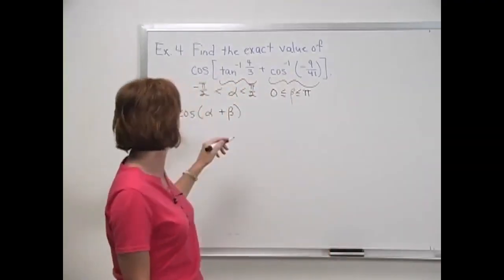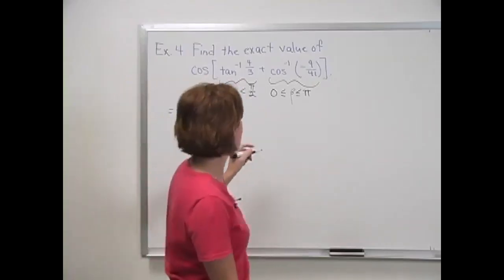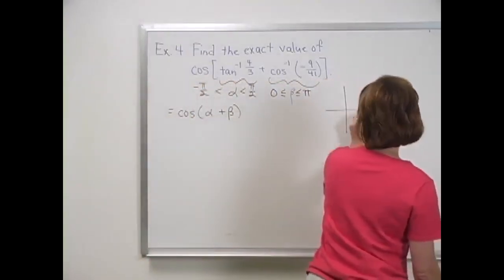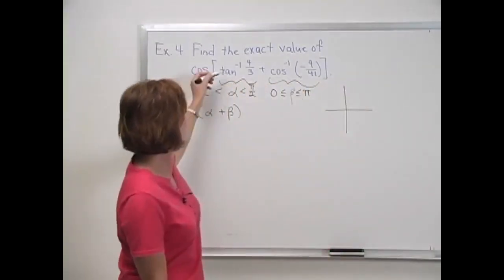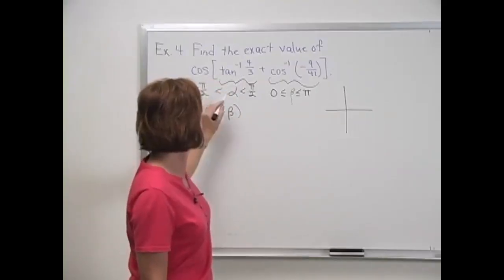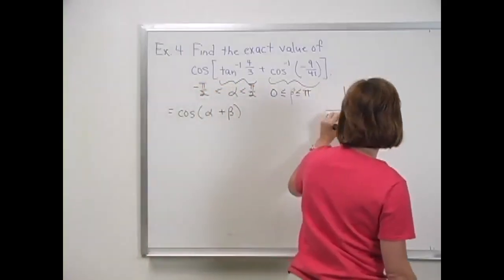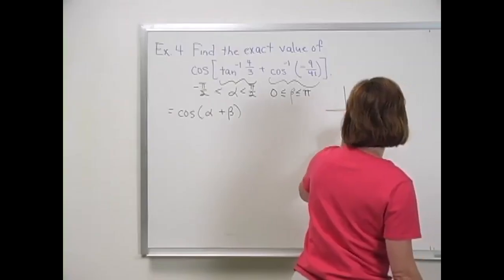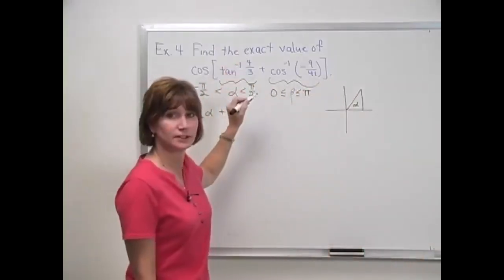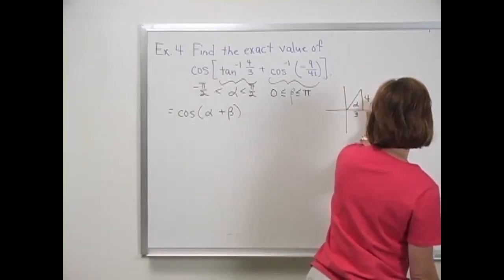We'll remember that identity. We need to, again, draw pictures for both alpha and beta. Now, alpha is the inverse tangent of 4/3. Since this number is positive and alpha lies between negative pi over 2 and pi over 2, we know alpha is in quadrant 1. So we'll draw a picture for alpha. The tangent is 4/3, so the y is 4, the x is 3.